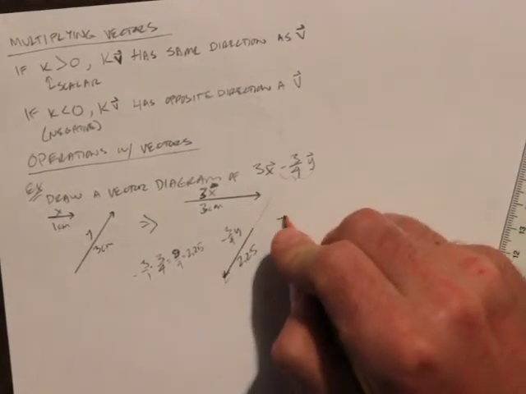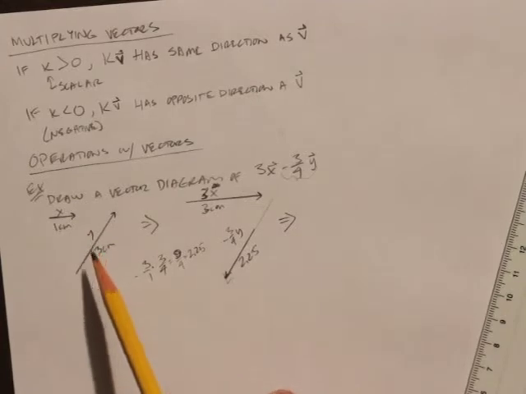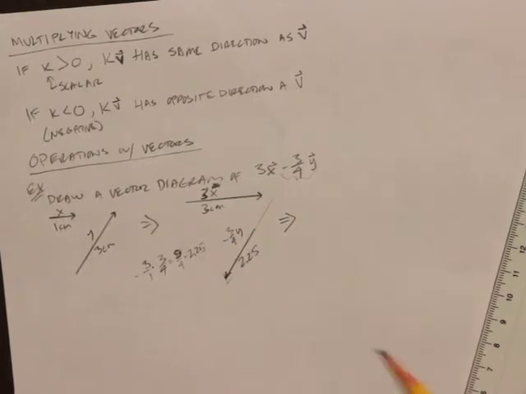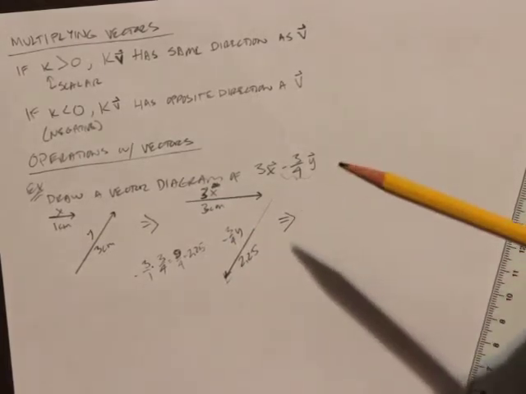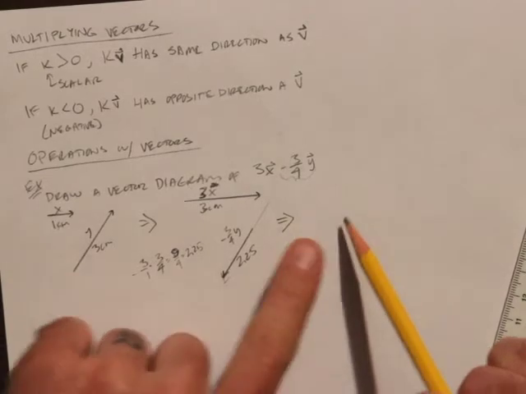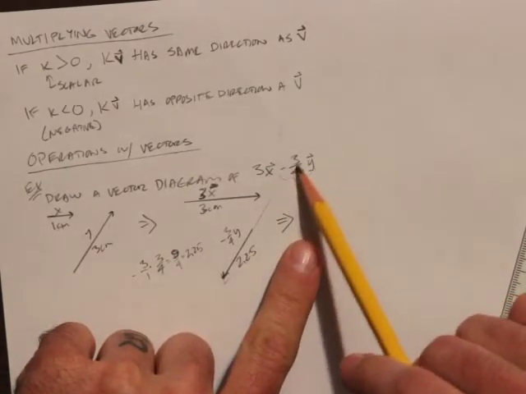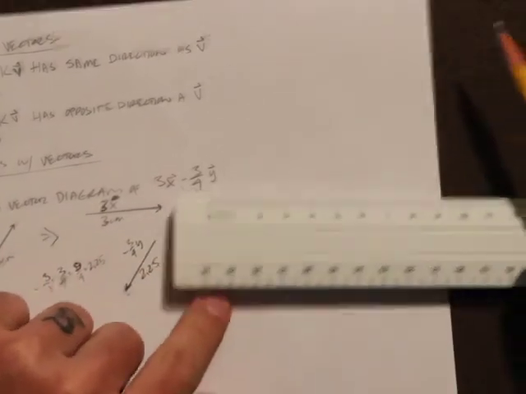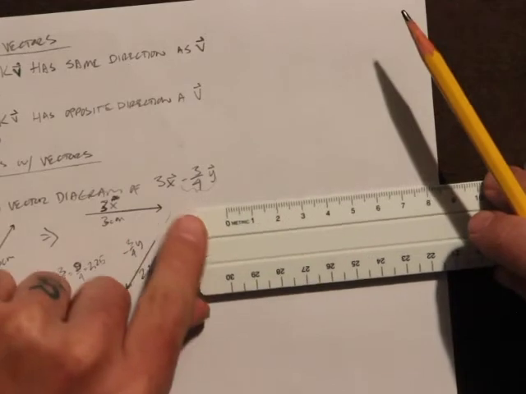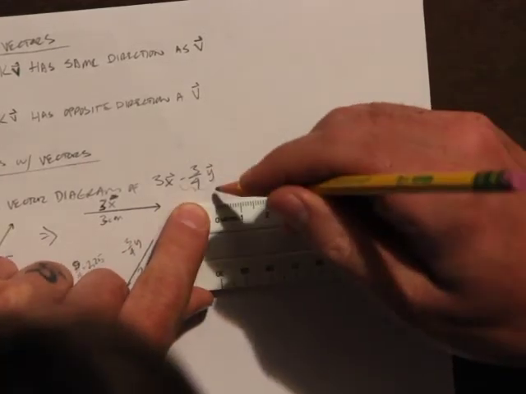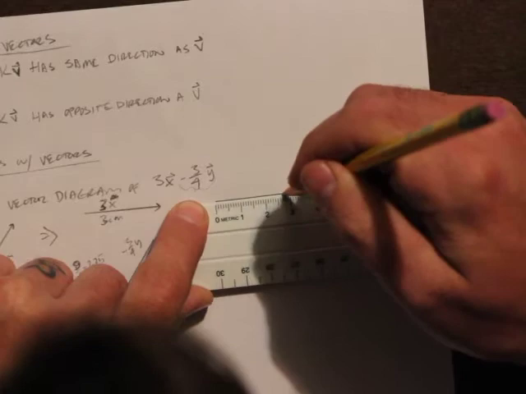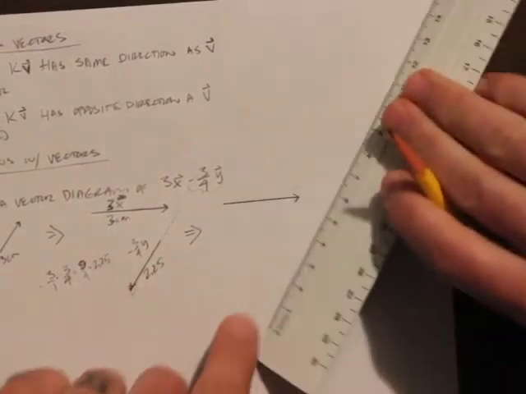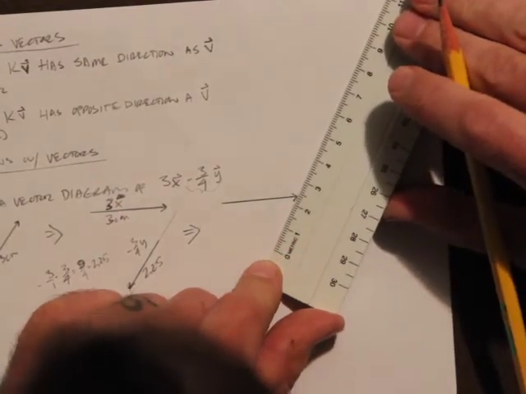Now, the last part of this, so I start with my vectors, and then I make these manipulations, I do these operations, and I have my new vectors here. And now I need to find the resultant vector, that is going to be the subtraction of these two. So I'm going to do the triangle method of finding my resultant. So I've got 3 centimeters, 1, 2, 3. And then I'm going to do 2.25 in that direction.